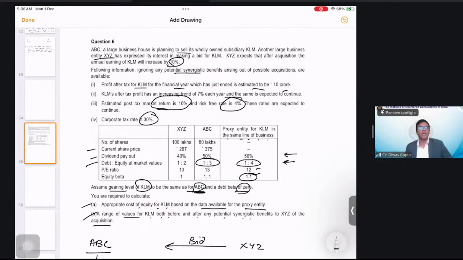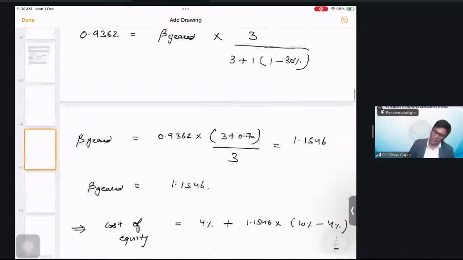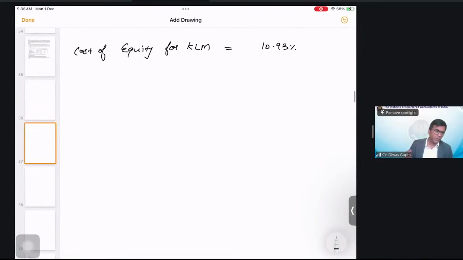B. A range of values for KLM both before and after any potential synergistic benefits to XYZ of the acquisition. So they are saying that on both bases, before and after any potential synergistic benefits, you'll have to compute their values. So what we will do, we will have to arrive at the valuation of the business. Okay. So valuation, and of course we are given cost of equity.